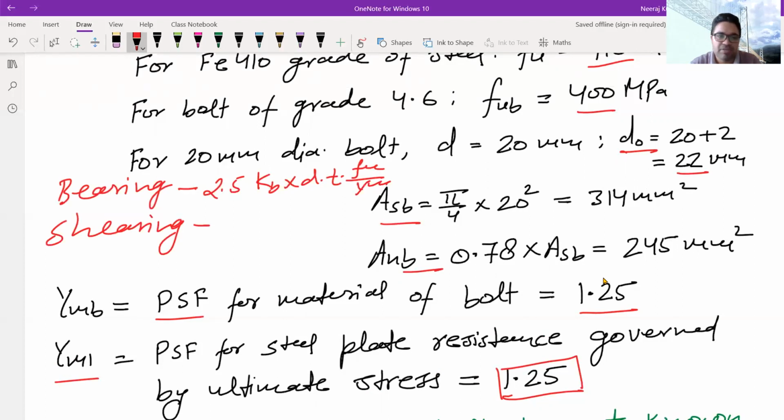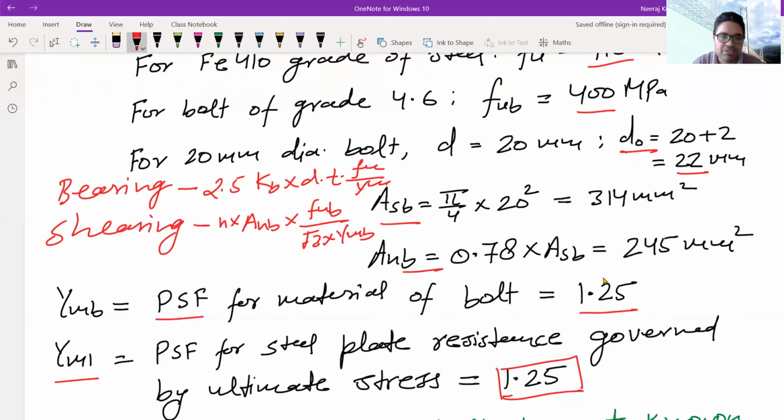Similarly, in shearing, the formula is the number of shear planes into Anb into fub upon root 3 into gamma mb. This is the formula that we generally use.